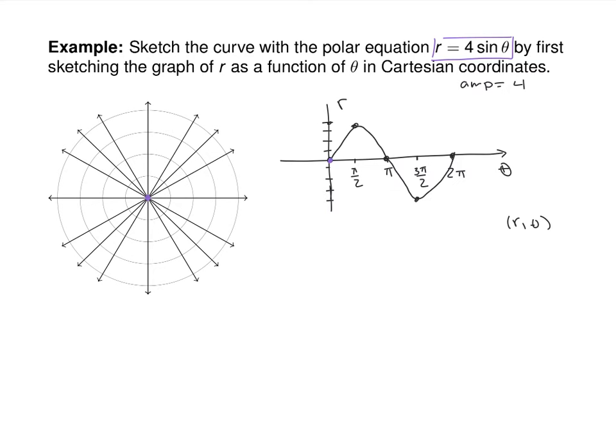So we're at the pole. As our angle increases to pi halves, our radii steadily get larger and larger until they're at 4. 1, 2, 3, 4. So radii get larger until you're at 4. And as we go to pi, the radii decrease back to 0.